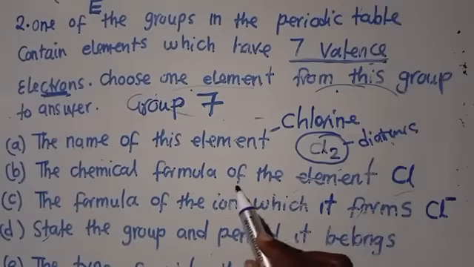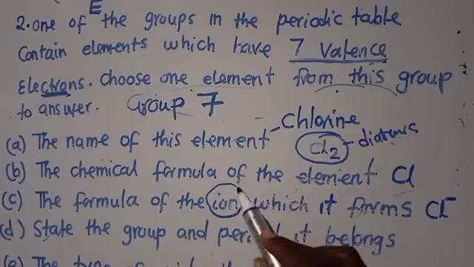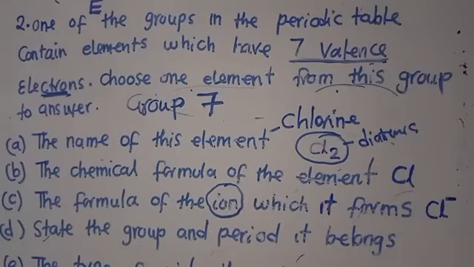But the key word here is ion. Whenever we are talking about ion, we talk of the charge. So the formula of the ion which it forms is Cl and the negative. For fluorine, you just get the symbol for fluorine and put a negative. They are just the same.